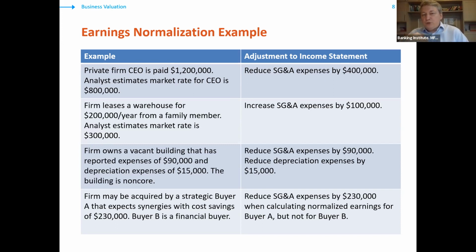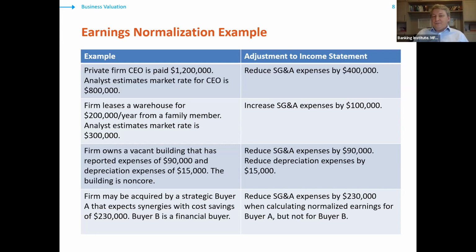So we should reduce our expenses by $90,000 for general expenses, and depreciation by this $15,000, and that's questionable. Should we put in our forecast any revenue from sale? Because it's a bit risky. We're not sure, can we sell it or not? But we definitely want to exclude this asset from our business.